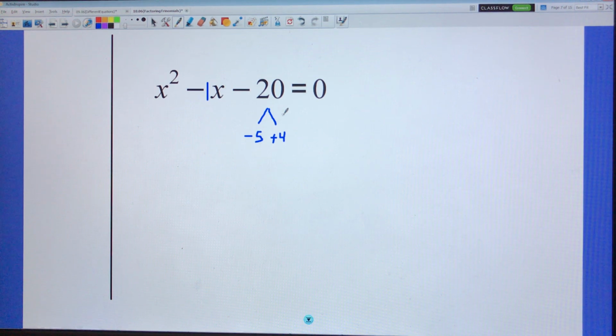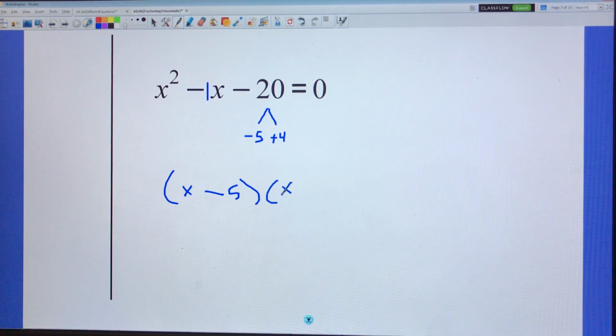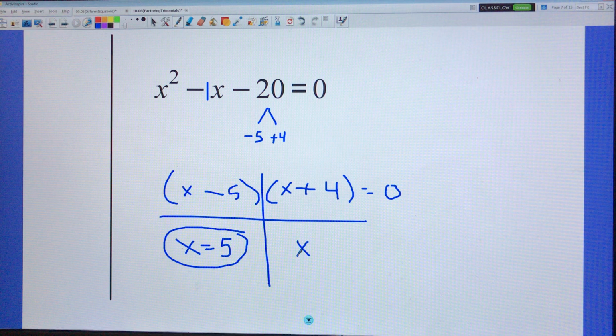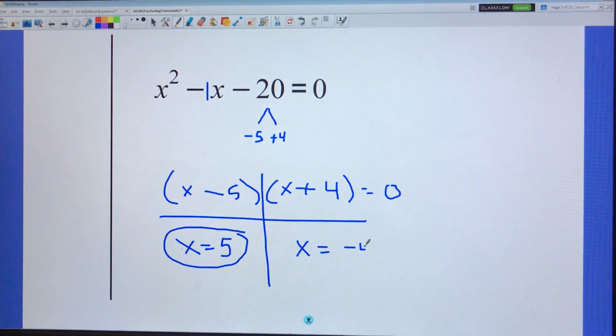Negative 5 plus 4 is negative 1. So my answers are x minus 5, x plus 4 equals 0. And then my solutions are x equals positive 5 and x equals negative 4.